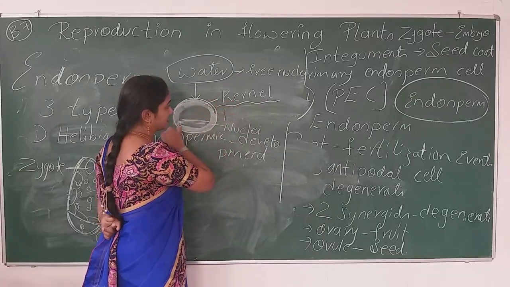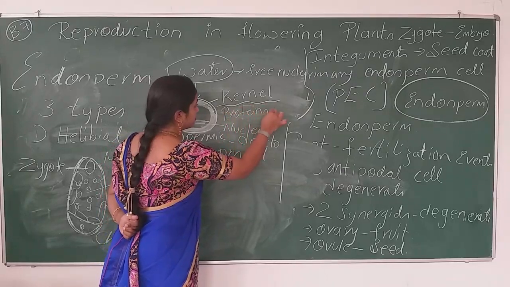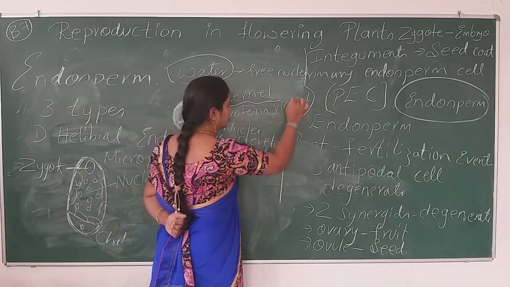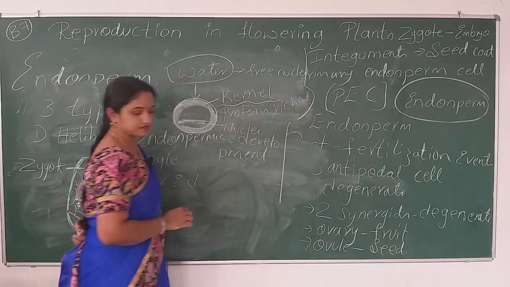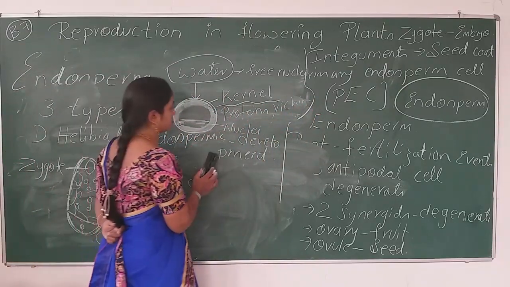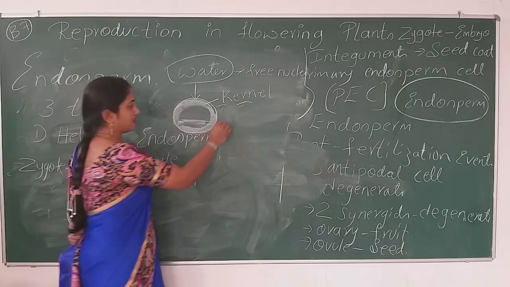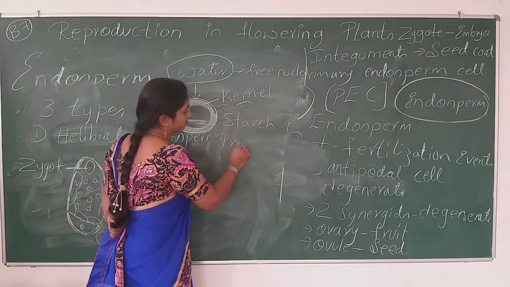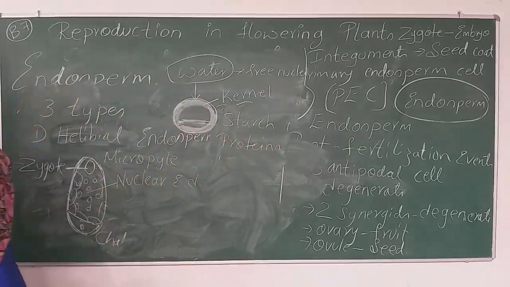Because it is proteinaceous. A number of proteins are present in the kernel, and it is rich in, let me write it in a proper manner, starch and having proteins in the kernel.